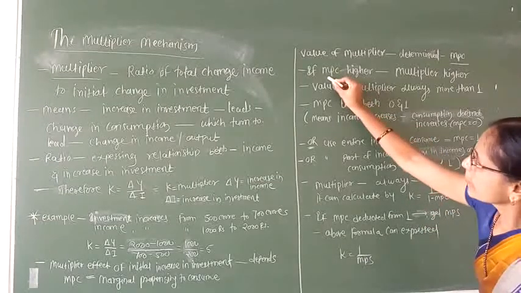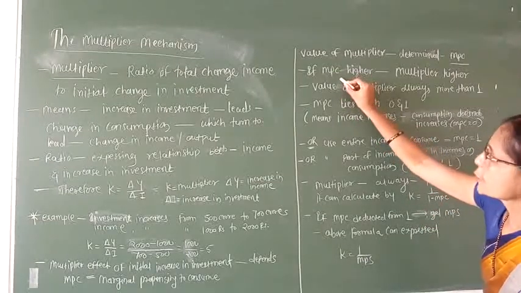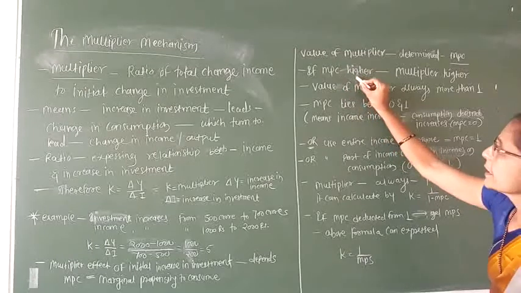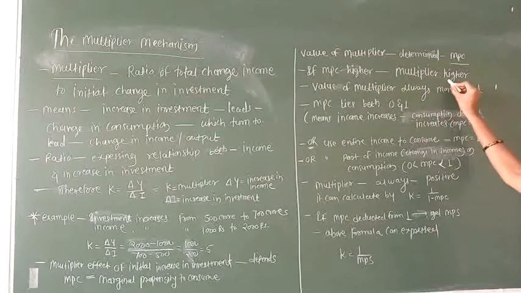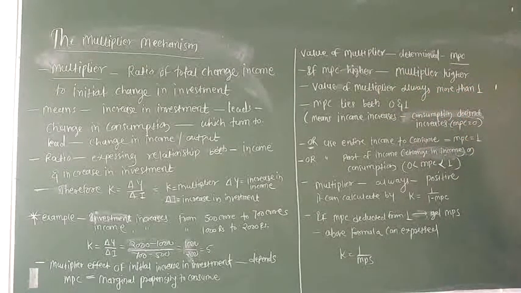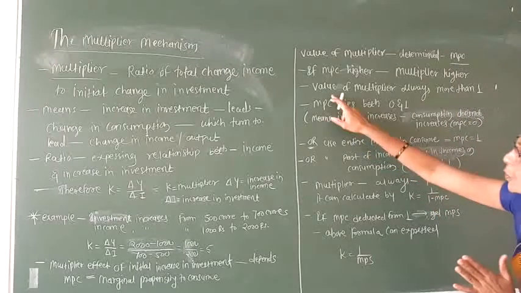If the marginal propensity to consume is higher, then the multiplier is also higher, and if the marginal propensity to consume is lower, then the multiplier is also lower.